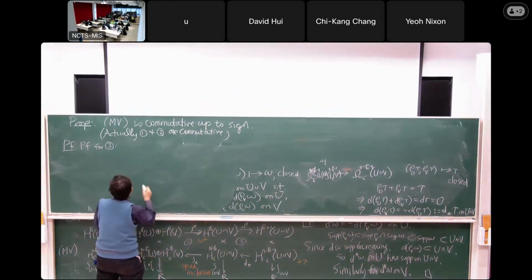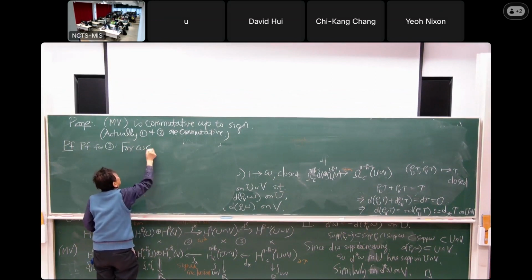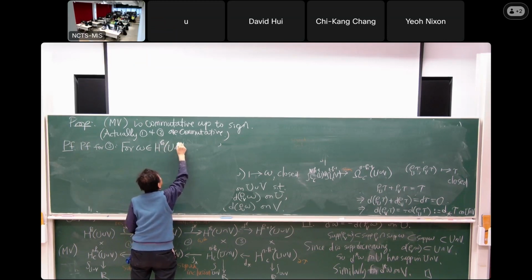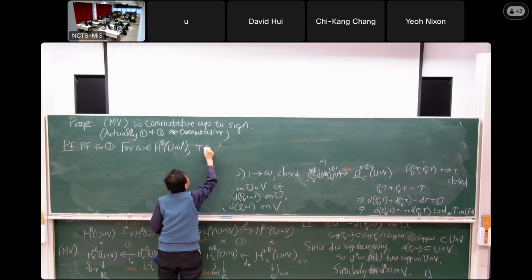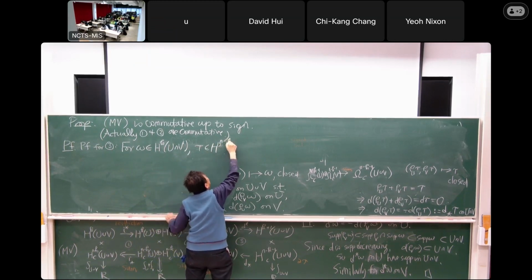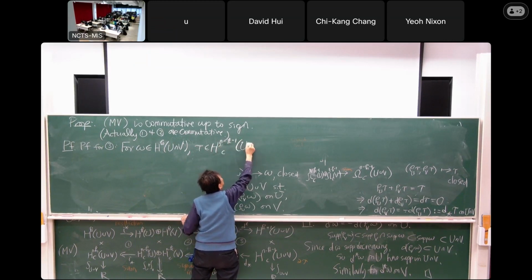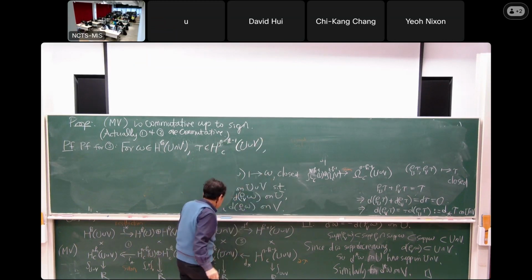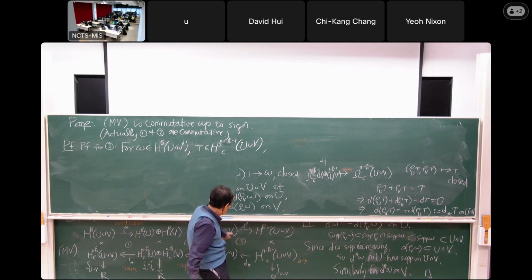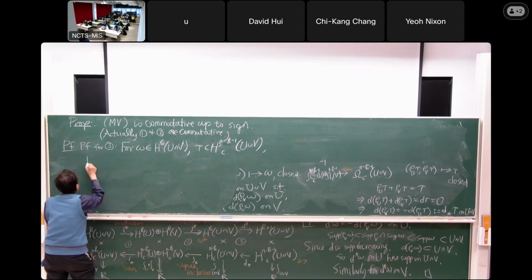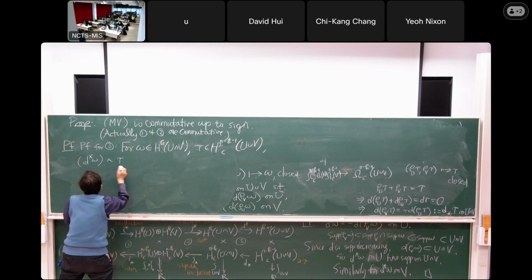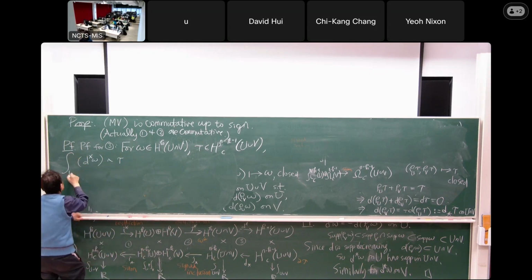For omega in H^k of the intersection and tau in H_c^{m-k-1} of the union, going one way, I do d star of omega, wedge with tau, and then integrate on the union.